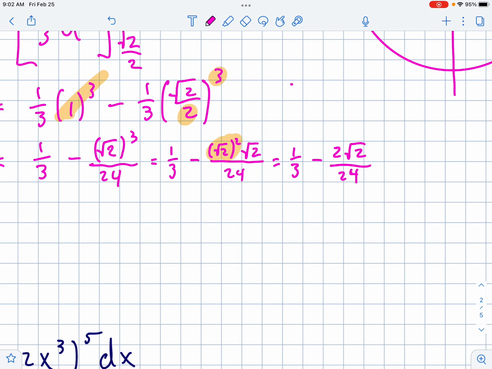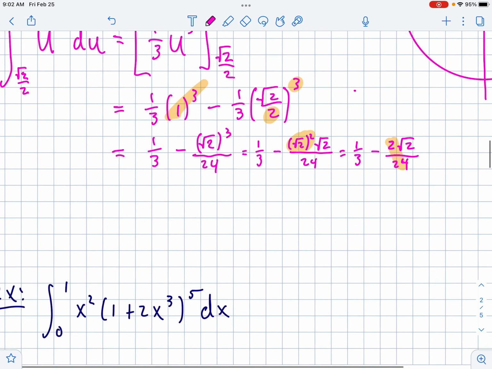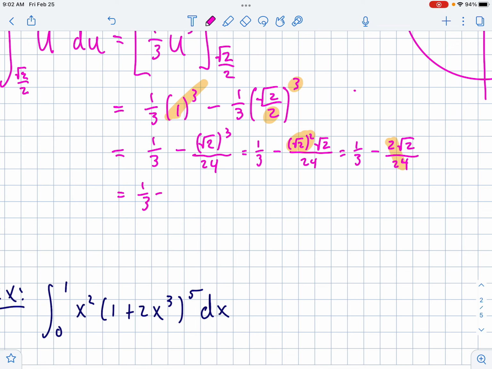And then the 2 over 24 can be reduced to a 12th. So this becomes 1/3 minus root 2 over 12. Then you need a common denominator between the 3 and the 12. So this will become 4/12 minus root 2 over 12. So the final answer after all that work is 4 minus root 2 over 12.